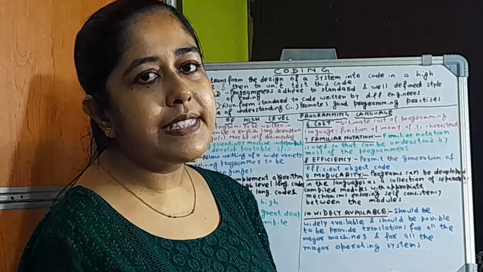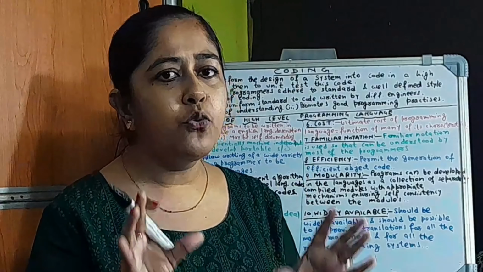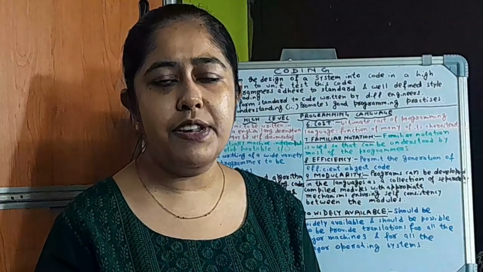Since we are using this high level language, the programmers should only know this one language. He or she should not need to be expert in different languages. Only one language, this high level language, is sufficient for you to write that many programs for making this particular system. The coding phase will be very easy for that person.